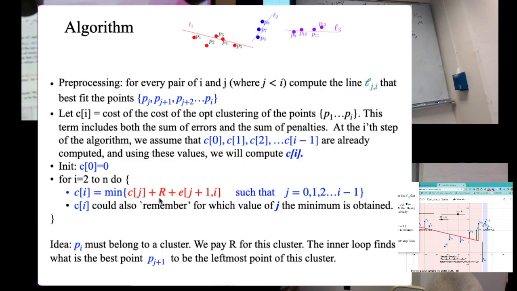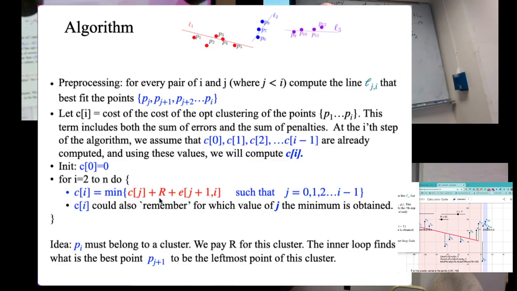Or in general, I have already found some fitting of the points P1, P2, P3, P4, P5, P6, and I'm just adding P7. So i equals 7.